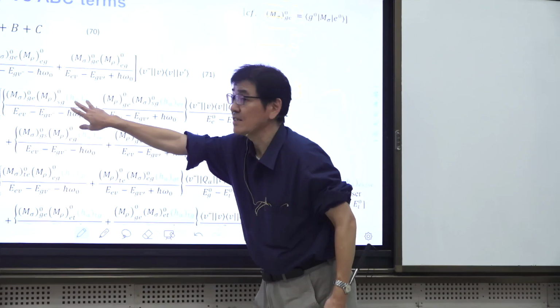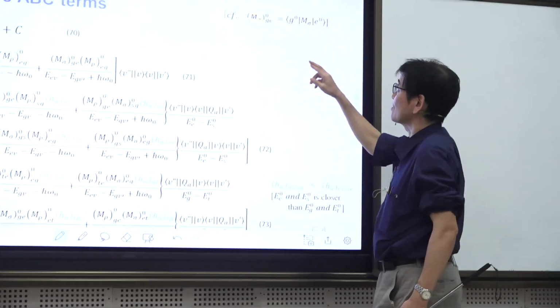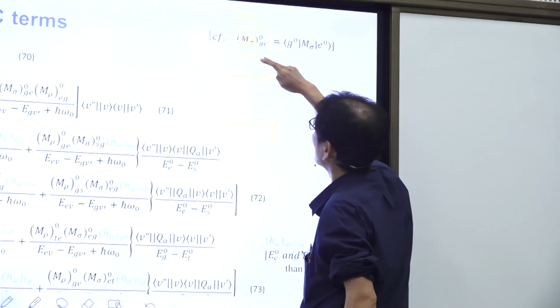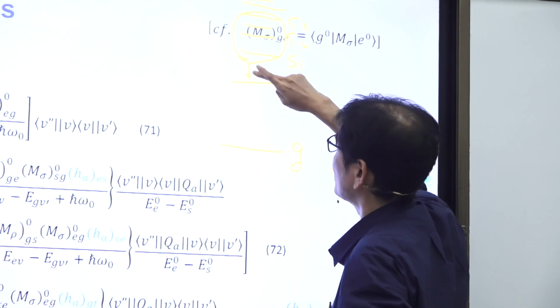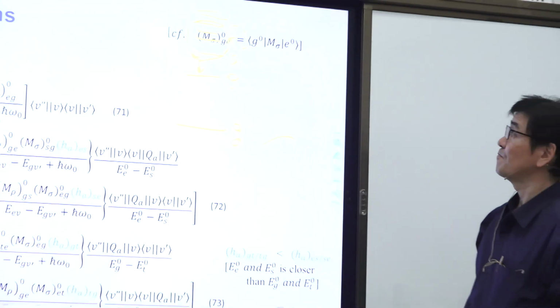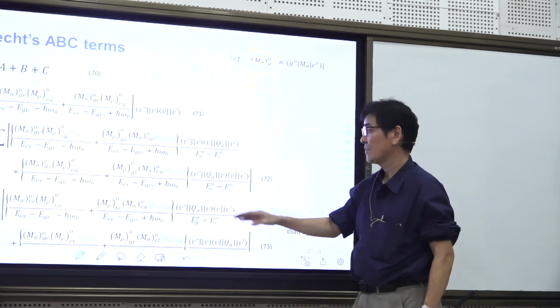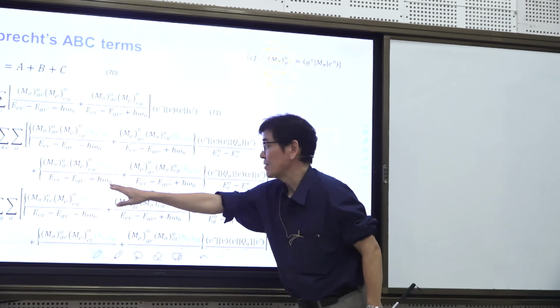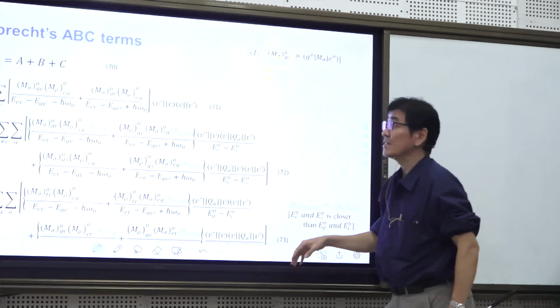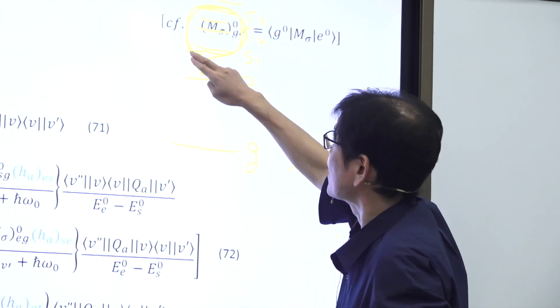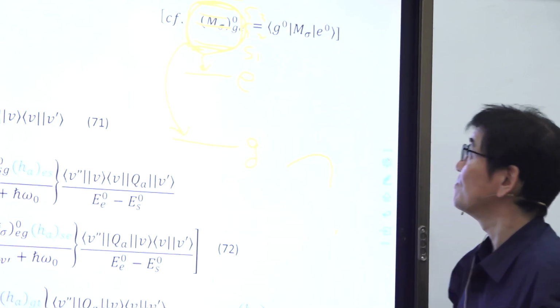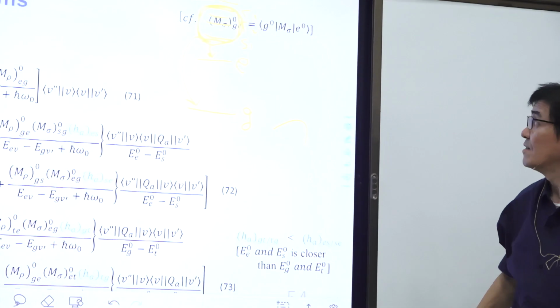H_A ES indicates the mixing coefficient of these wave functions into E. On the other hand, H_A GT indicates the mixing of these wave functions into G. Okay?